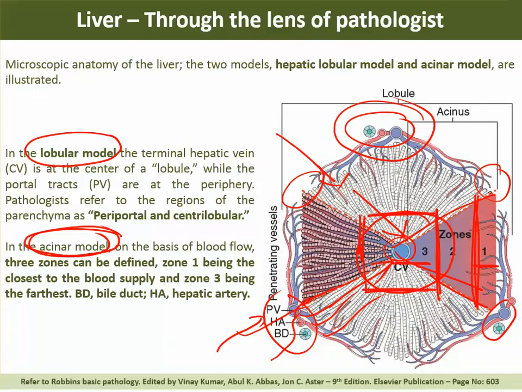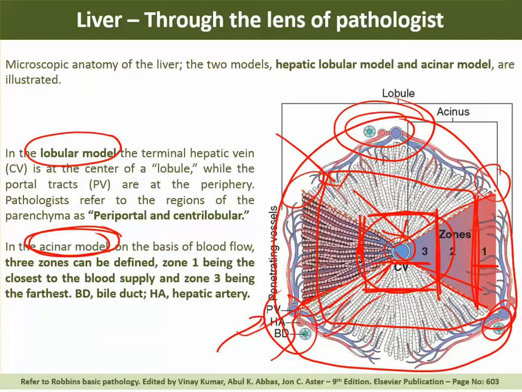Zone 1 is nothing but the periportal area. So zone 1 corresponds to the periportal area, zone 3 corresponds to the centrilobular area. It's very, very important. So please understand, if there is ischemia, I will be seeing changes in the centrilobular area.